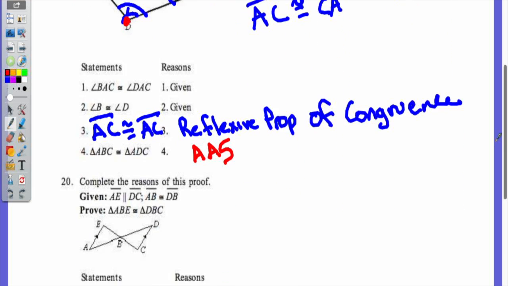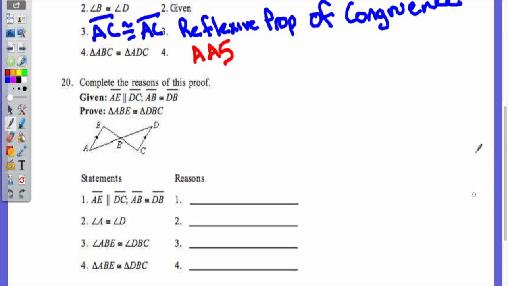Now we're going to do this one. And I'm going to tell you right now it becomes angle, side, angle. So let's look at this. AE is perpendicular to DC. And AB is congruent to DB. Okay? That's all given. Now, whenever you hear if two lines are parallel, then alternate interior angles are congruent.